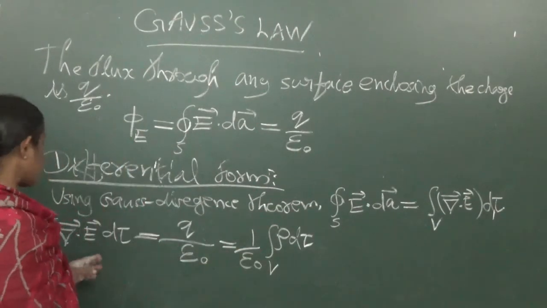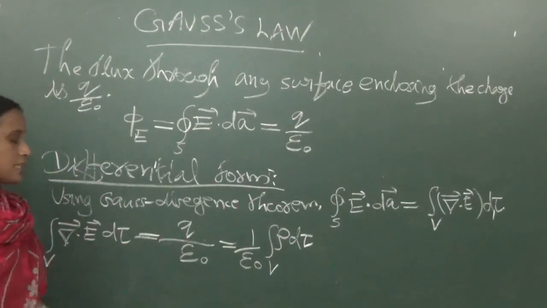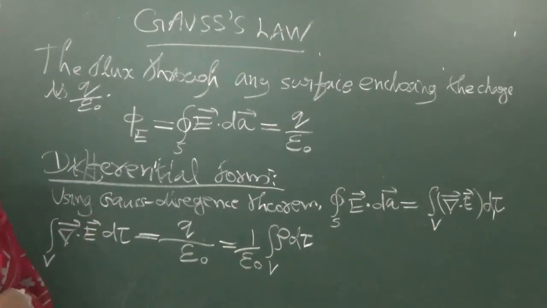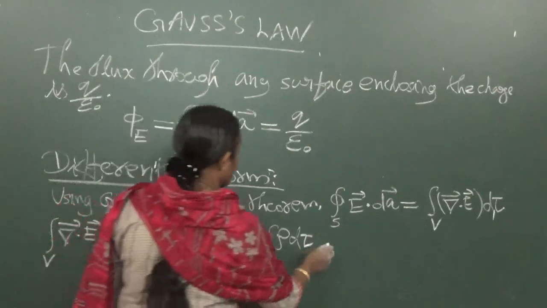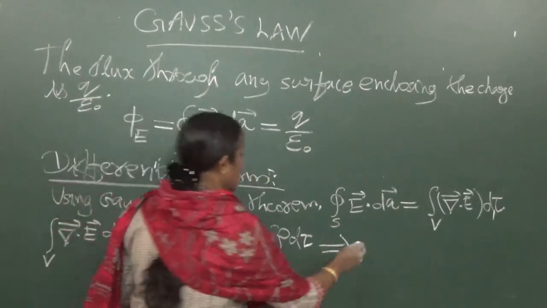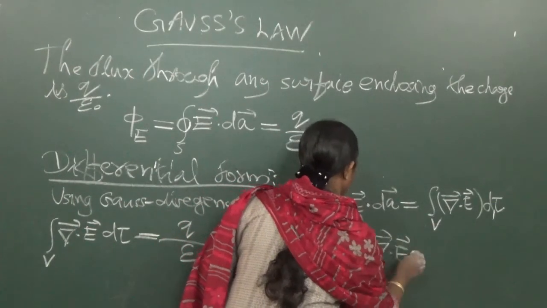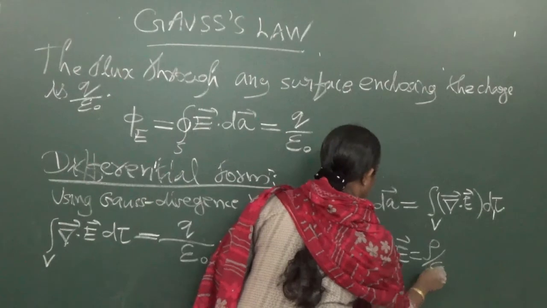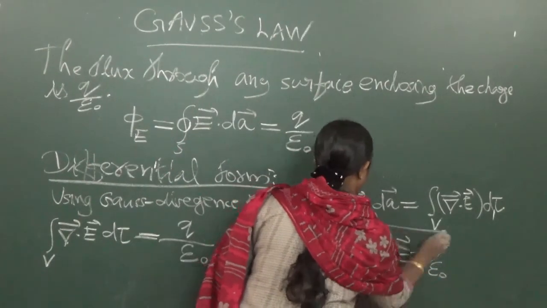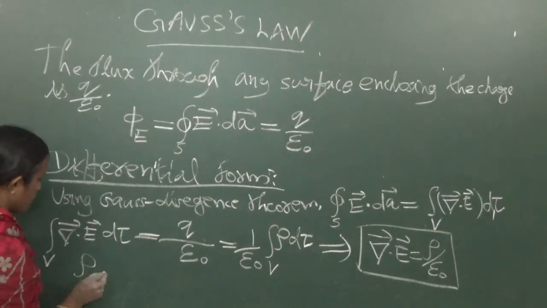Okay. Now you can compare both sides. Both sides are volume integrals over the same volume V with the elementary volume element d tau. So from this you get del dot E equal to rho by epsilon 0.